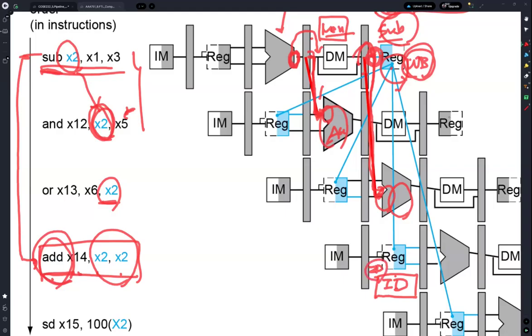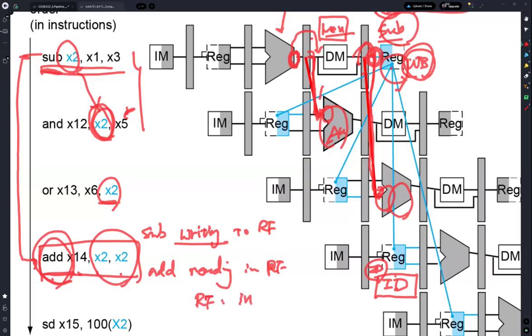Then how can we handle this operation, right? The sub is writing, and then add is reading, reading in register file and writing to register file. Okay, so we assume that the register file supports the internal forwarding.